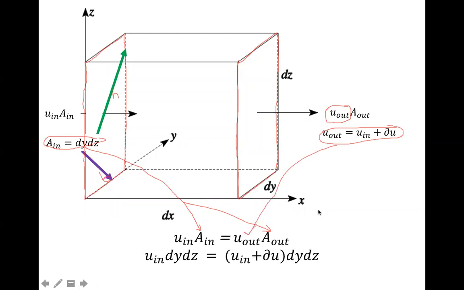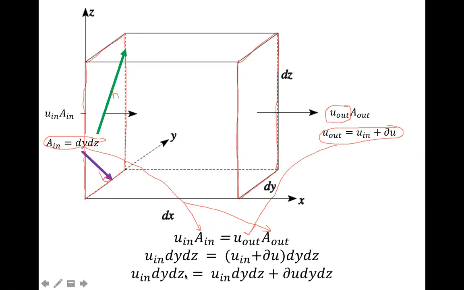And so what we see is that u in times dy dz is equal to the quantity u in plus some small change in u, delta u, times dy dz. Now I want to go ahead and distribute this. The first thing I want to do right here is distribute this u in and this du.